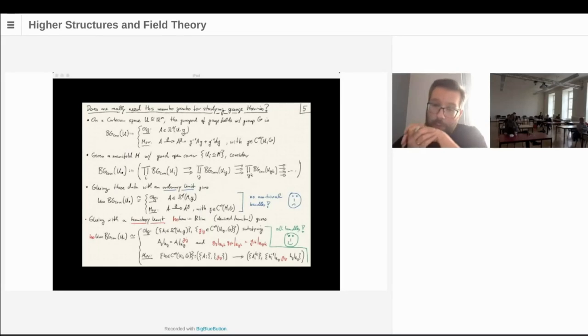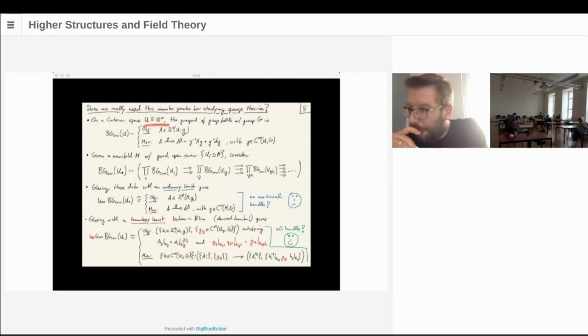So does one really need all this mumbo jumbo in order to do gauge theory? And I think yes, I think one needs it. And I want to give you an example where derived functors really are important for a gauge theoretic problem. So imagine we want to do gauge fields with structure group G on a Cartesian space.